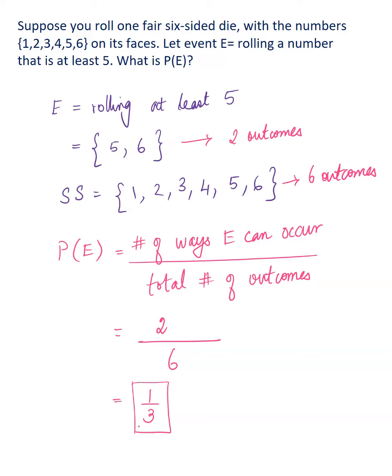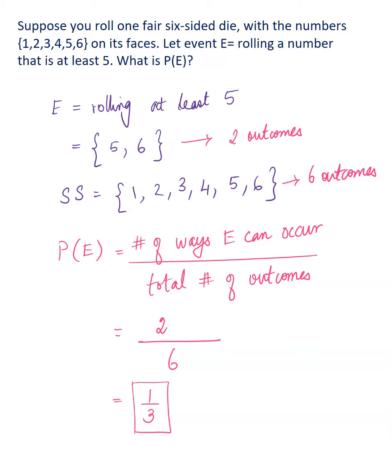But if you were to roll the die a very large number of times, you would expect that overall, 1/3 of the rolls will result in an outcome of at least 5. You would not expect an exact 1/3, but the long-term relative frequency of obtaining this result would approach that theoretical probability, this 1/3, as the number of repetitions grows larger.